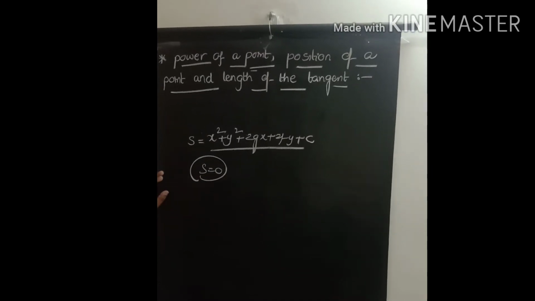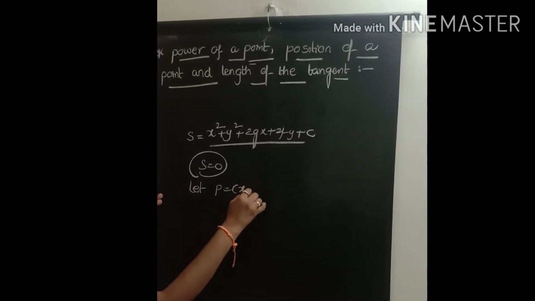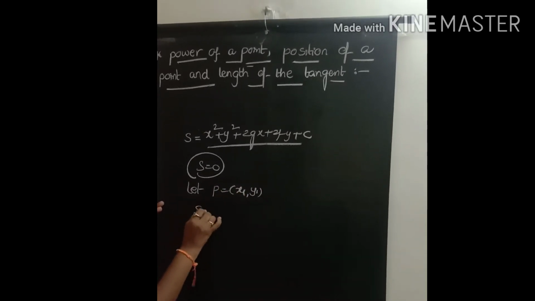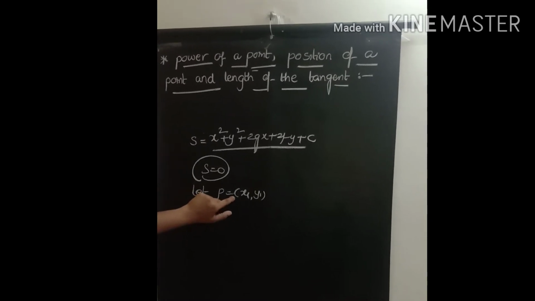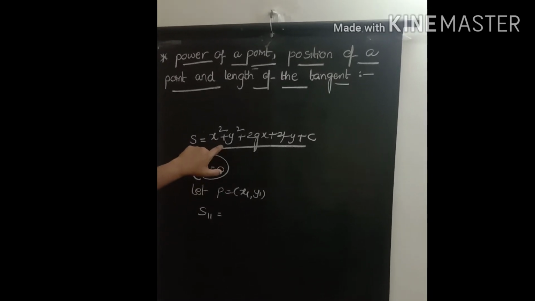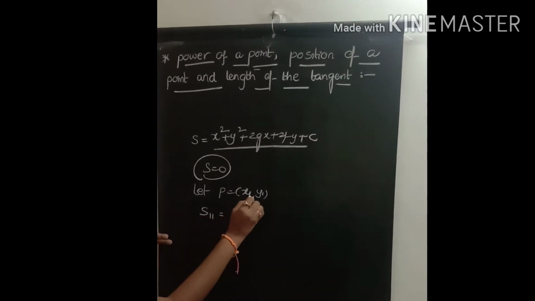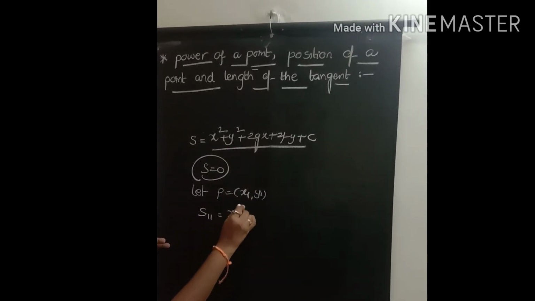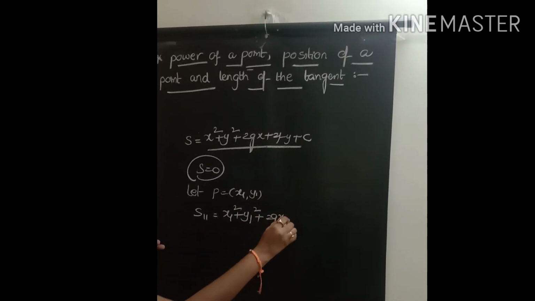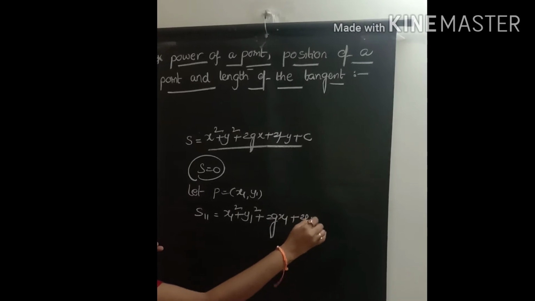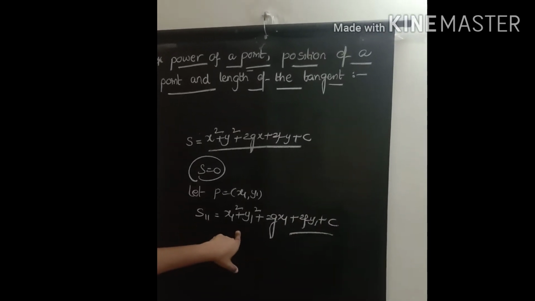And the next notation: suppose P is equal to (x1, y1) be any point, then S11 means simply we substitute the point (x1, y1) in the above circle equation. That is, S11 is x1 square plus y1 square plus 2gx1 plus 2fy1 plus c. So this is S11 notation.